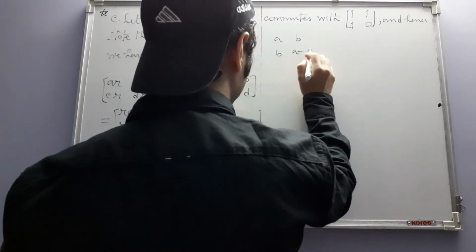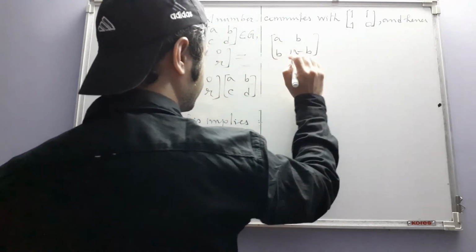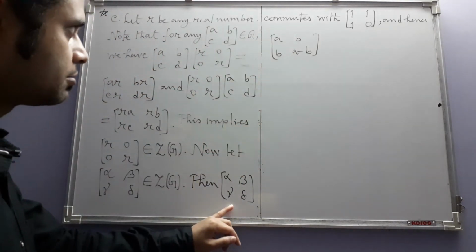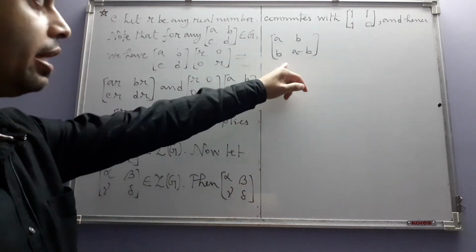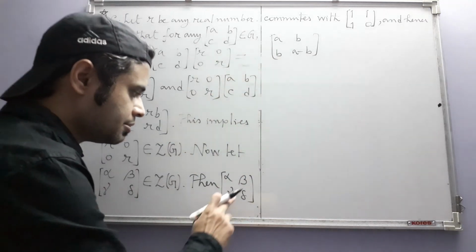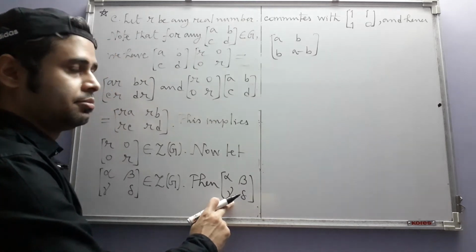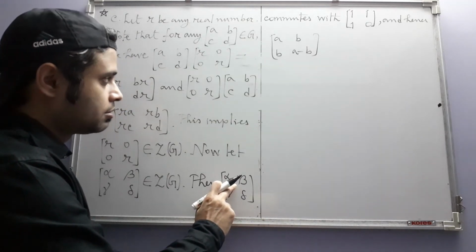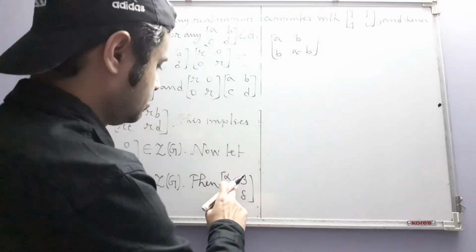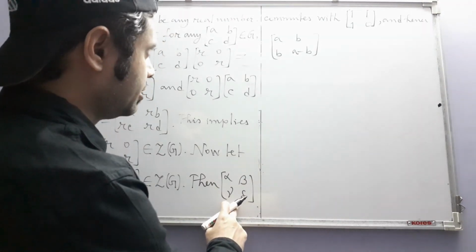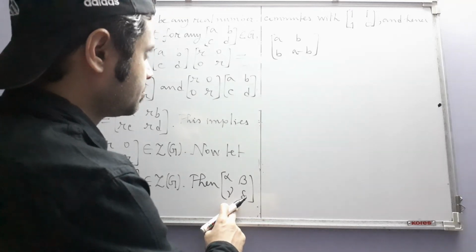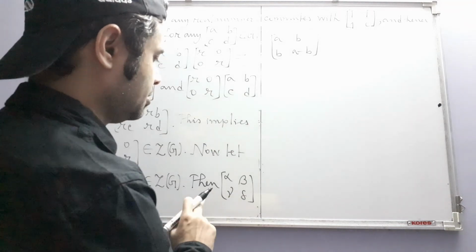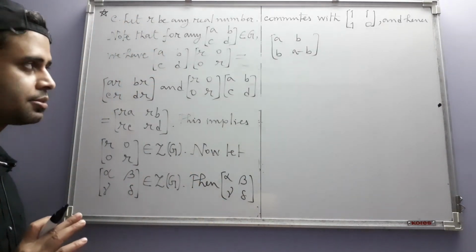A minus B. Of course, keeping in mind that it has to be non-singular, that thing is there, but this matrix should be like this. That means beta should be equal to gamma, and what about the relationship between alpha and delta? Delta should be equal to A minus B. So delta should be equal to alpha minus beta.